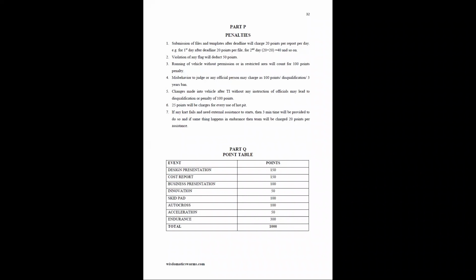For skid pad is 100. For autocross, 100. Acceleration, 50. And for endurance, it is 300. So total score is out of 1000. Brake test is not included over here because it's an elimination round.